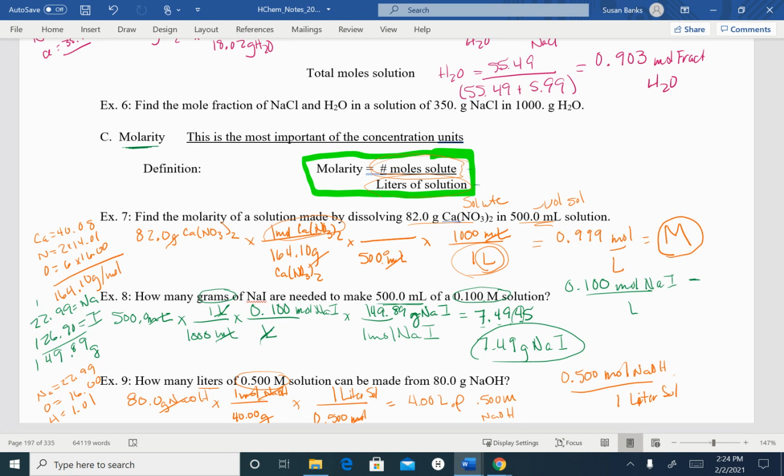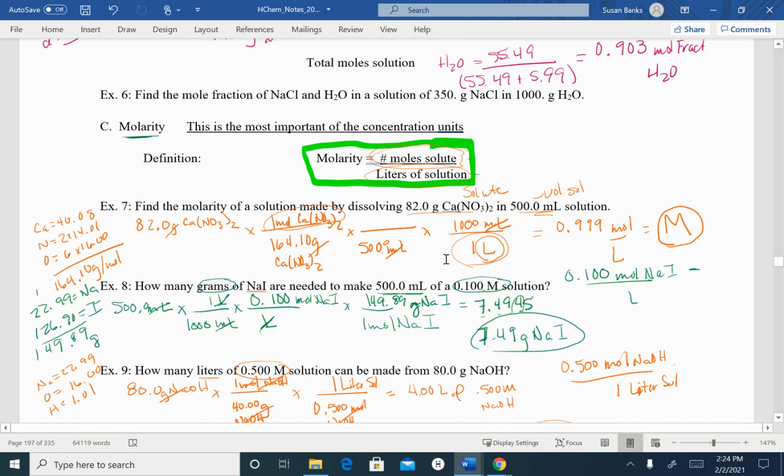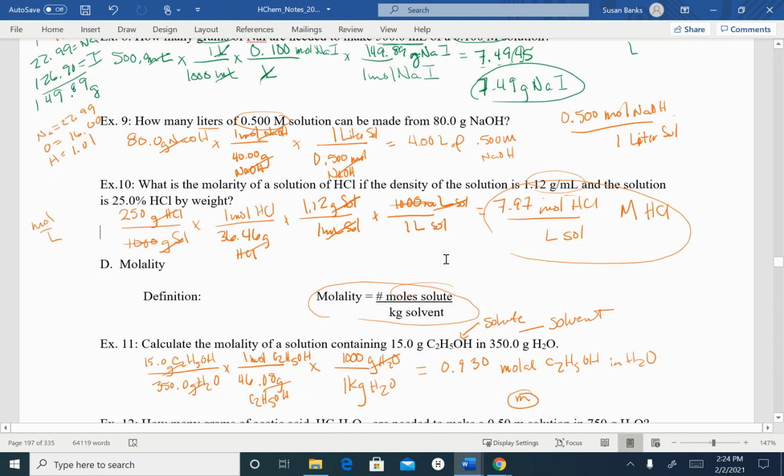Okay? All right, so 7.49 grams. So notice we're using our concentration to cancel out units. A lot of these concentration problems are, how can you use your units to get to the units that you want?